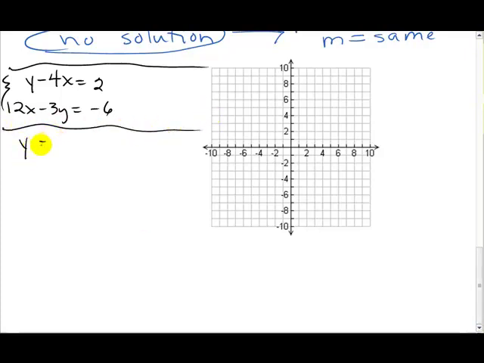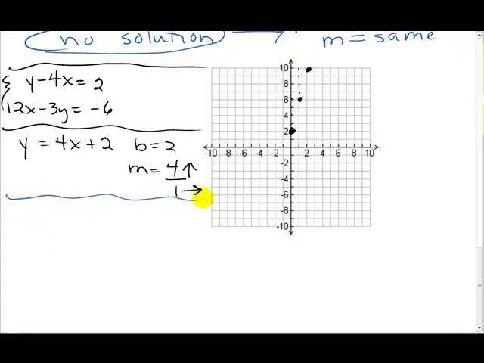So we'll have y equals 4x plus 2. B equals 2, m equals 4, and we'll stick that over 1. We'll go up and to the right. So we'll start at 2, up 4, 1, 2, 3, 4, and to the right 1, and again, up 4 and to the right 1.